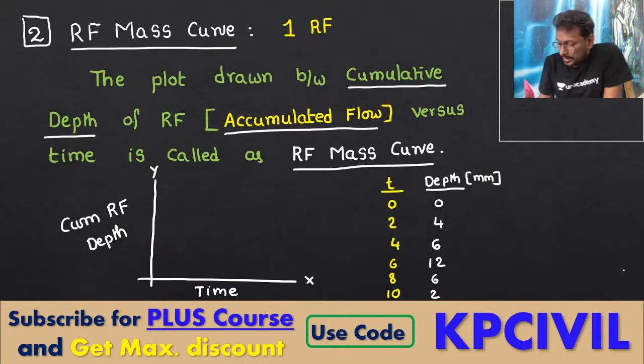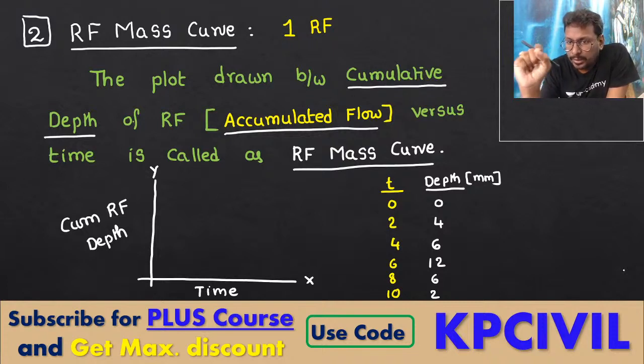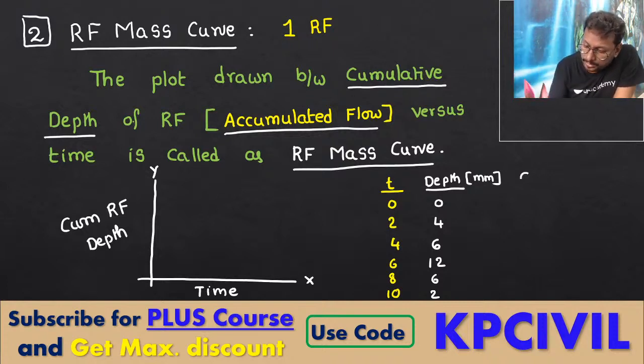Now, this is a 10-hour rainfall. These are not intensity values; they are individual depths for every 2 hours. Now we are determining the cumulative depth.